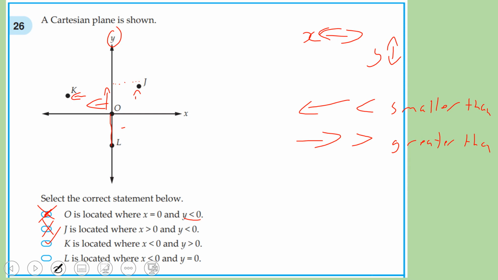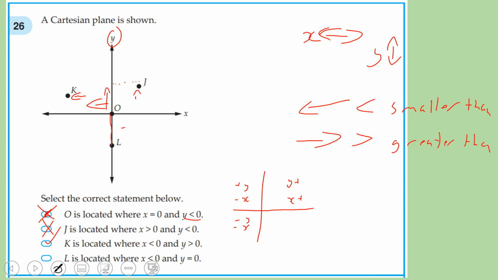So just very basically as well. This is where x is positive, and in this whole quadrant, this is where y is positive as well. This is where x is negative, y is positive. This is where they're both negative.